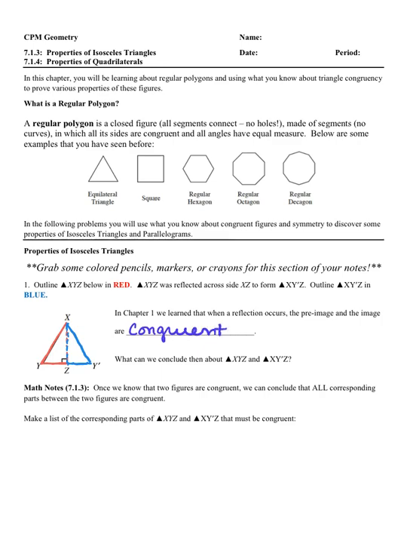So, if triangle XYZ is the pre-image and XY prime Z is the image, what can we conclude about them? Well, if pre-images and images are congruent, we know that triangle XYZ must be congruent to triangle XY prime Z. Once we know that two figures are congruent, we can conclude that all corresponding parts between the two figures are congruent.